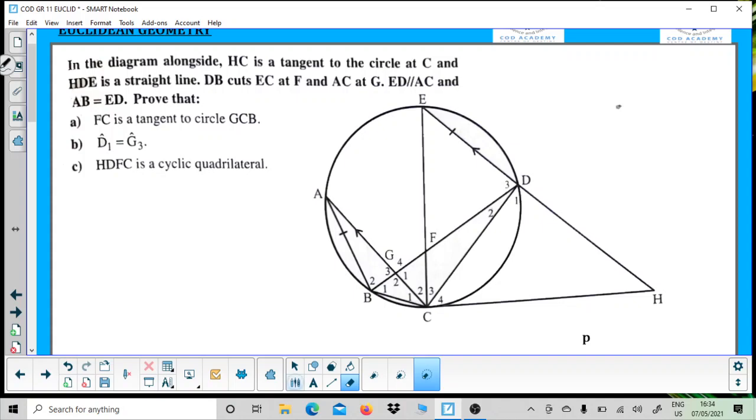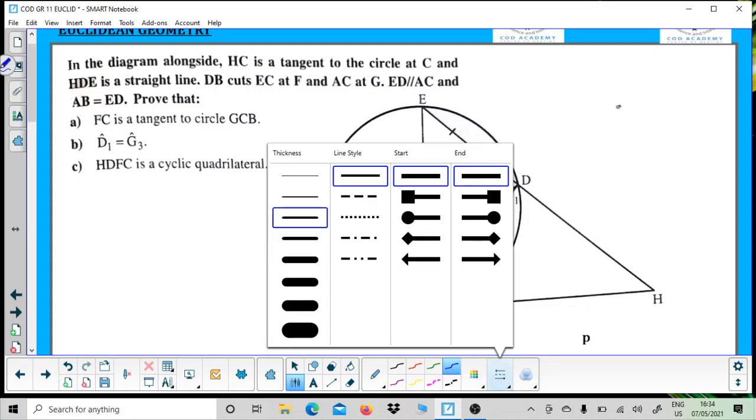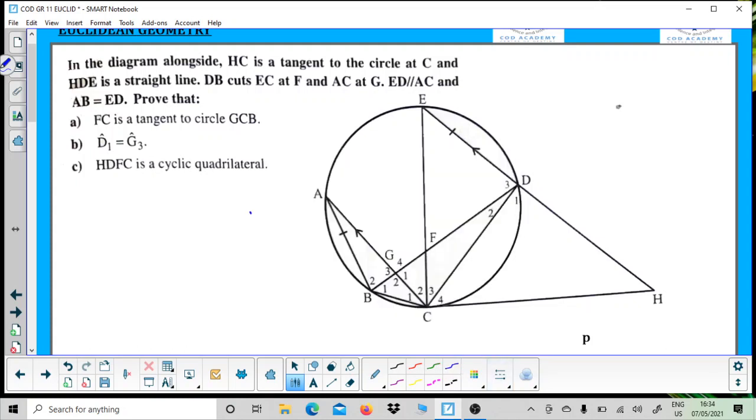Let me just say, if you use exterior angles of triangles, for starters, can you see how D1 is going to be equal to the sum of these two? Let me do that method later. Let me do this method first. I want to just show you that D1 could have been something else.